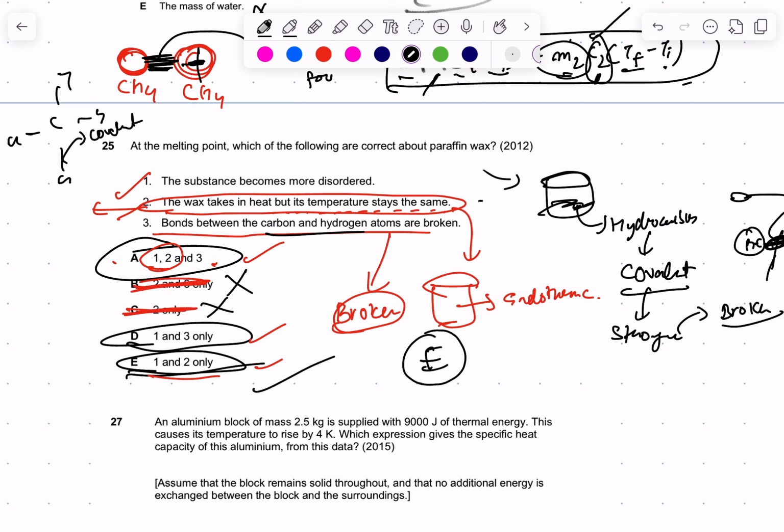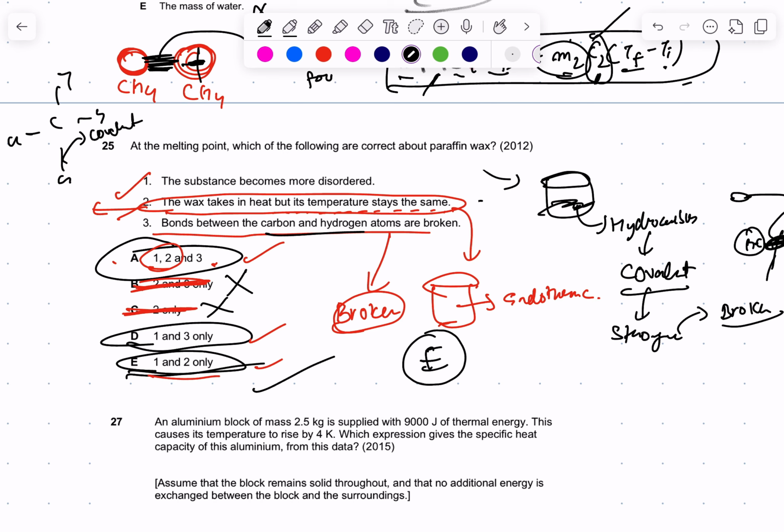Anyone is having question in this? But sir, another point: from solid to liquid, till the melting point, the temperature remains the same. I'm sorry, could you please repeat your question? Your voice is quite unclear.